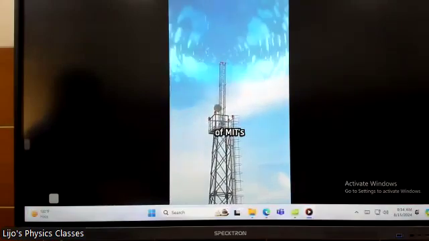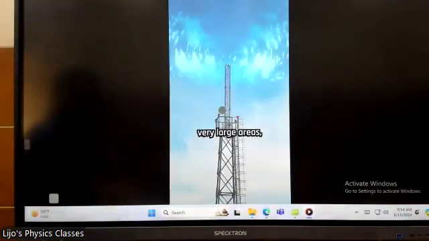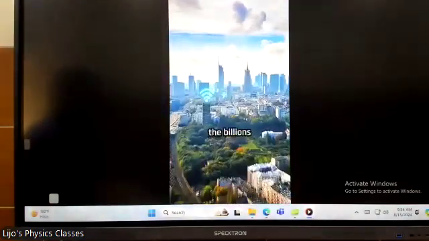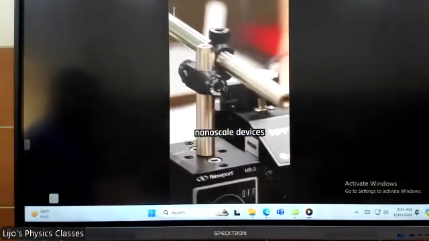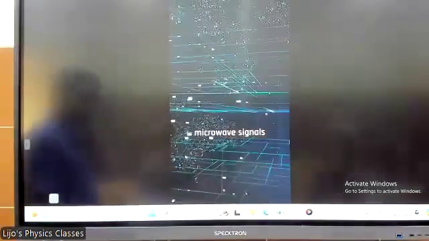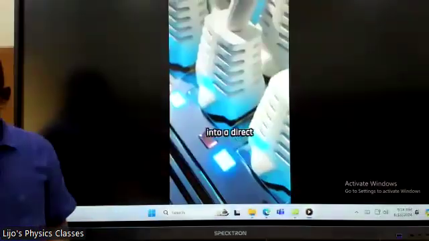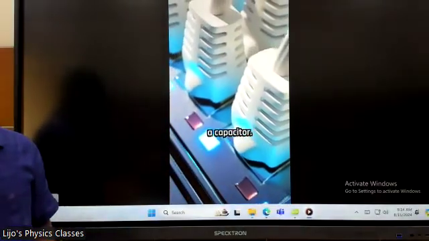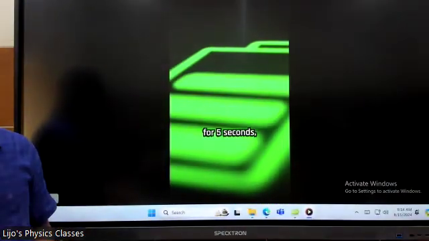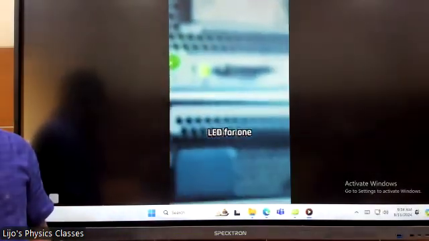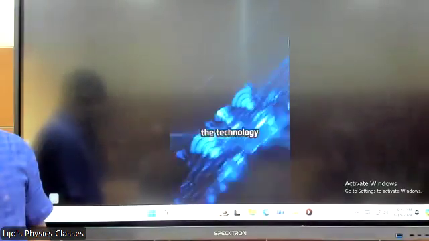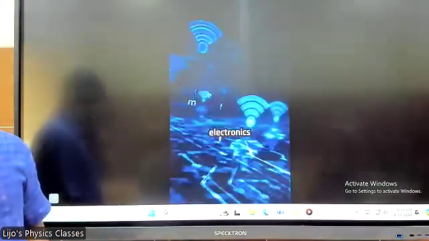The flexibility of MIT's device allows it to cover very large areas, making it possible to power the billions of smart devices, leading to the smart cities often displayed in science fiction. Another team used nanoscale devices that can generate and detect microwave signals to convert Wi-Fi signals into a direct current voltage that charges a capacitor. By charging the capacitor for 5 seconds, enough energy can be stored to power a 1.6 volt LED for 1 minute. Scientists aim to expand the technology for use in battery-free electronics and neuromorphic computing systems.